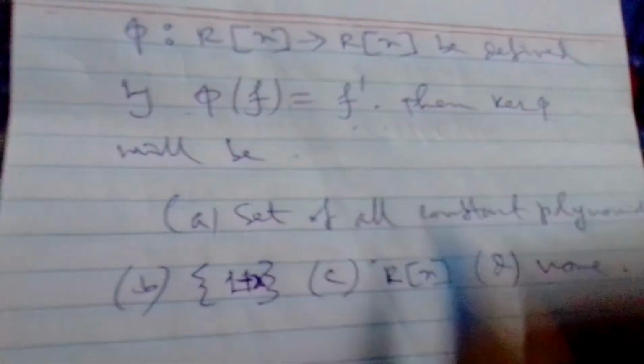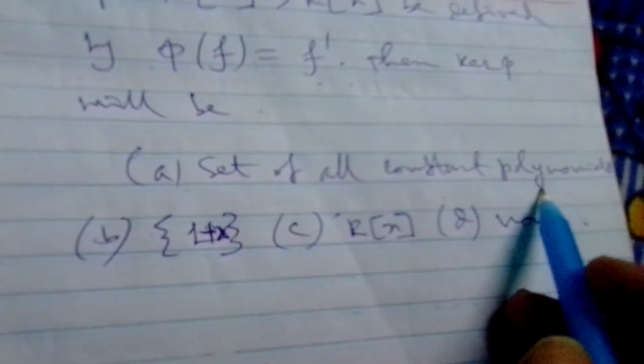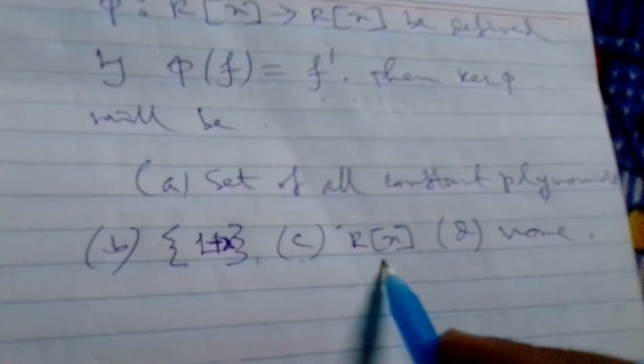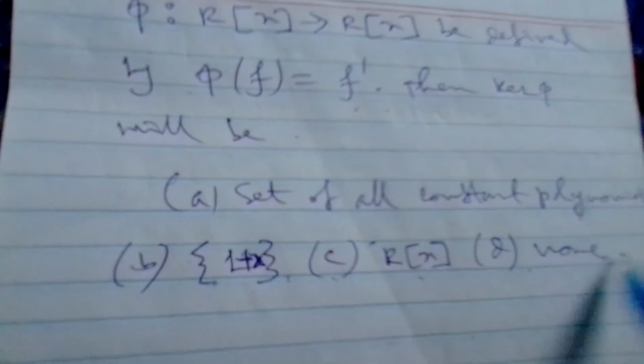Then the kernel phi will be: the set of all constant polynomials; next is 1 plus x; third option is Rx; fourth option is none of the above.